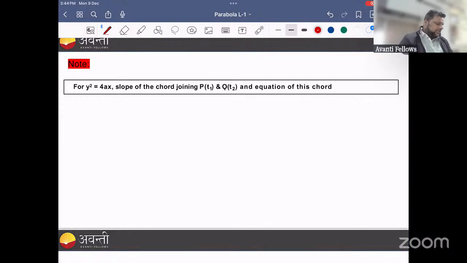Now, let's come to the chord of the parabola. For y square equals 4ax, find the slope of the chord joining P(t1) and Q(t2) and the equation of this chord.